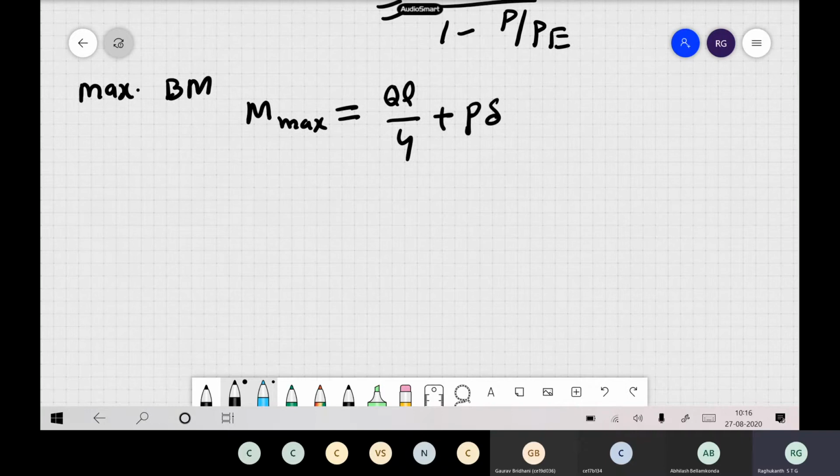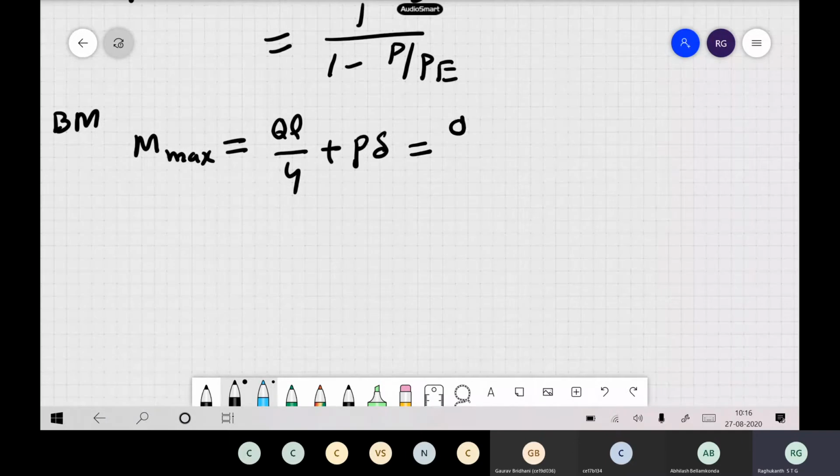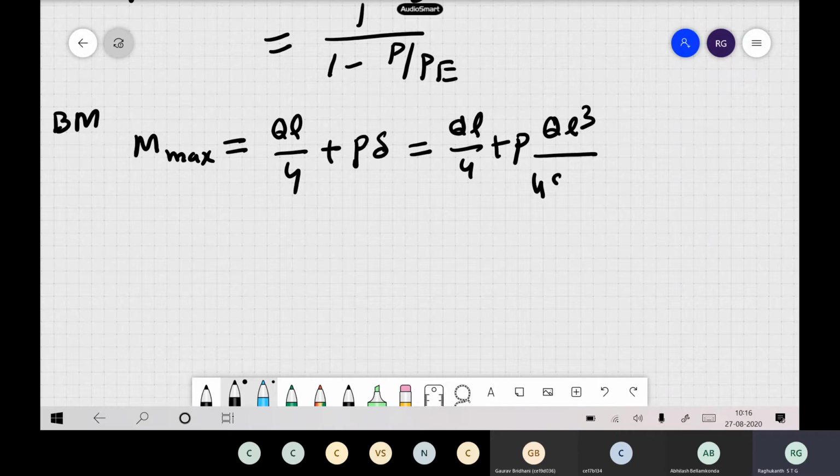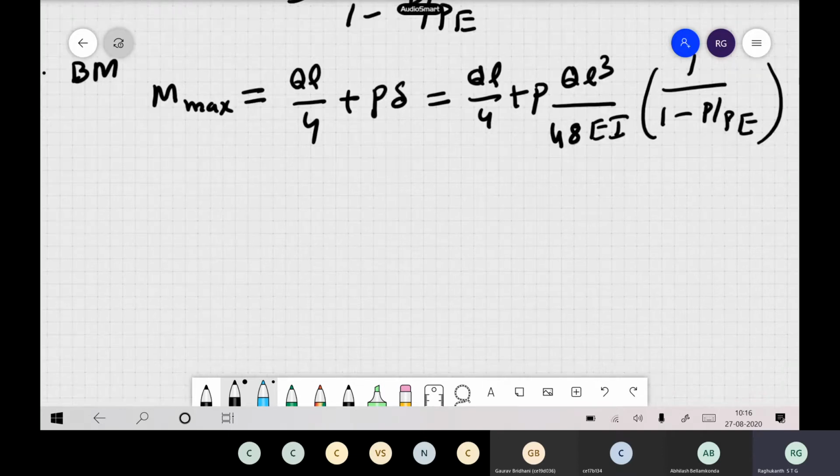Now you substitute this nicely: QL by 4 plus P into delta, where delta is QL cube by 48 EI times 1 by 1 minus P by P_E, and you do a little bit of algebra here also.